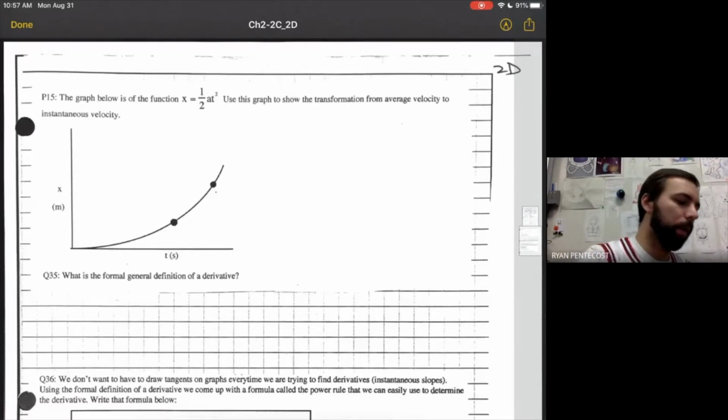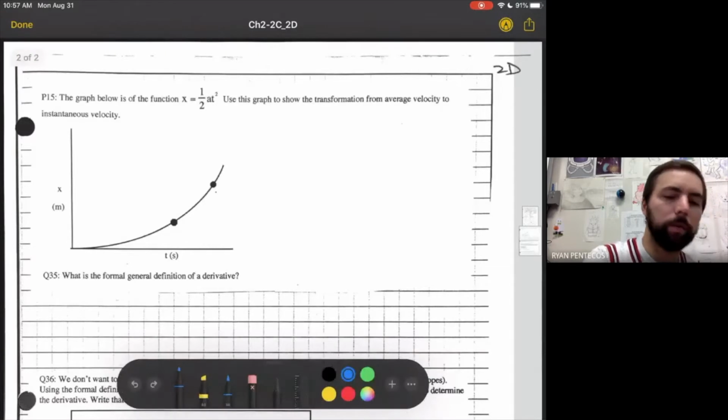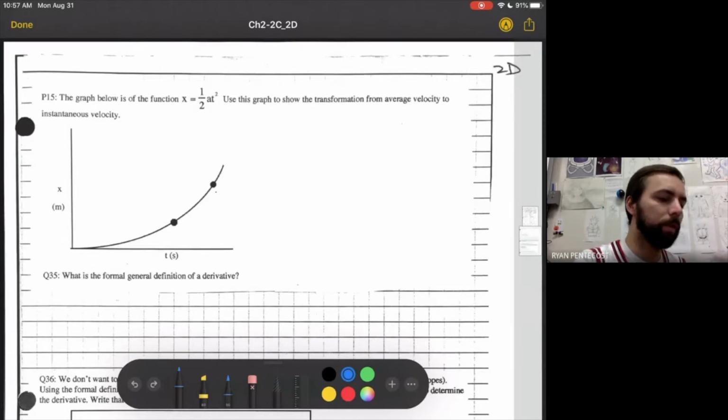So on P15, it asks us, on the graph below is the function x equals 1/2 at squared. Use this graph to show the transformation from average velocity to instantaneous velocity. So what we'll do is go over the traditional way to arrive at derivatives, involving a limit.